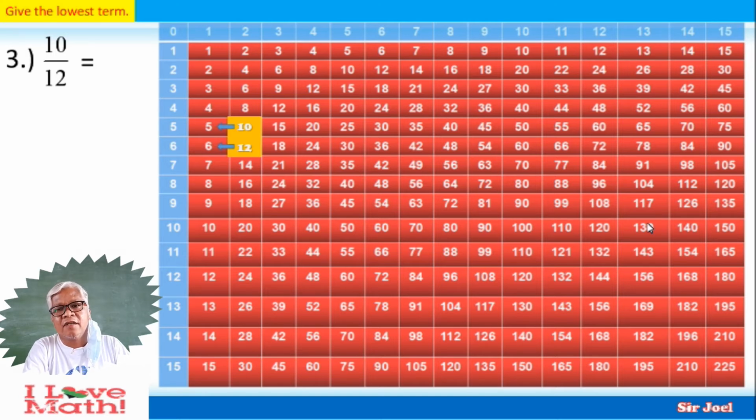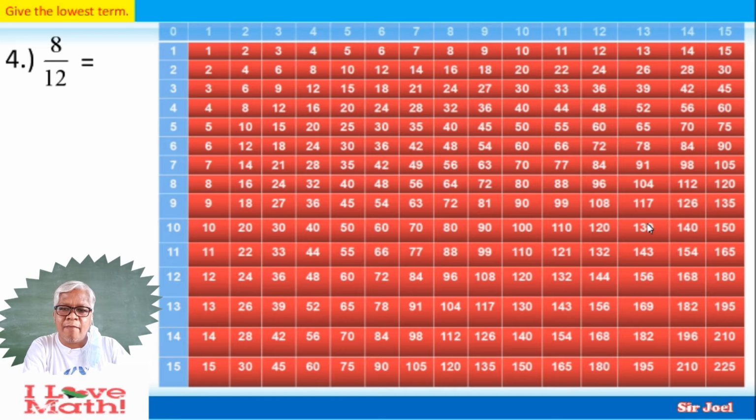Kaya 5 divided by the common factor 1 is 5. And then 6 divided by 1, the answer is 6. Meaning to say, 10/12, ang kanyang lowest term in this case is 5/6.